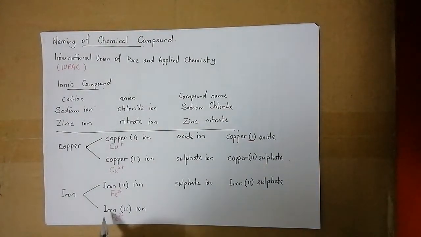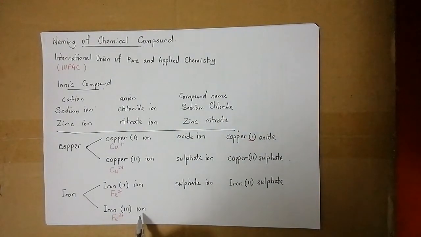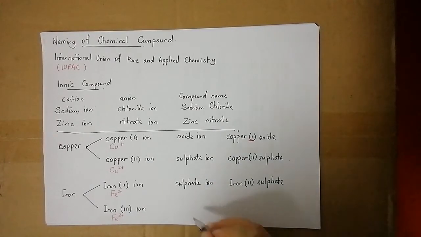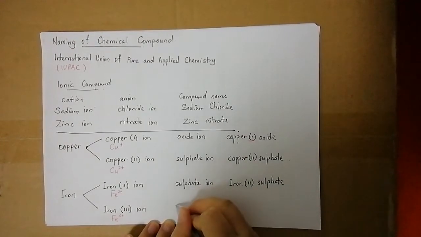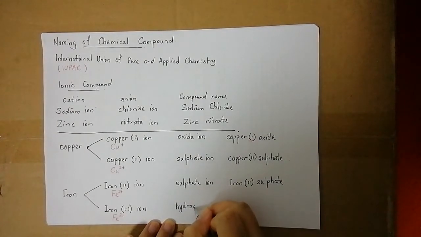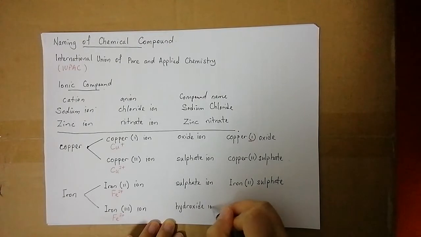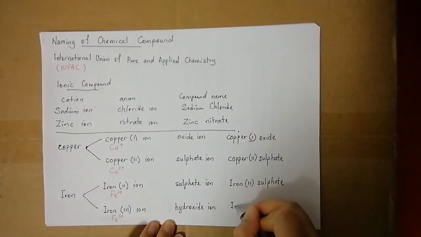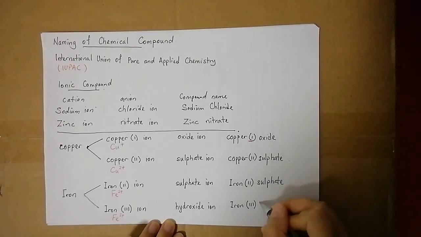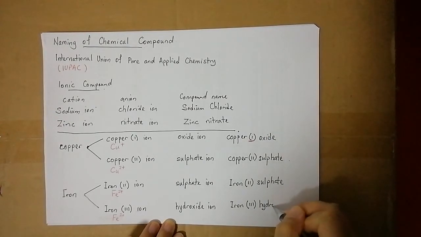And then let's say iron(III) ion combines with a hydroxide ion. We have iron(III) hydroxide.